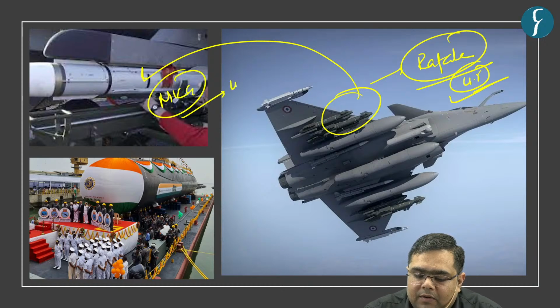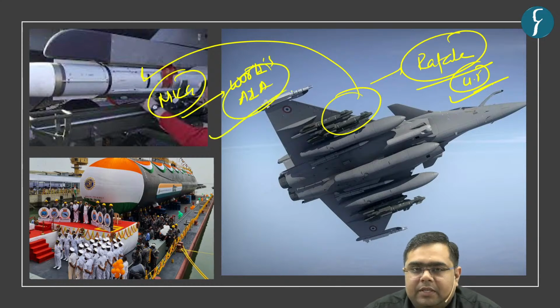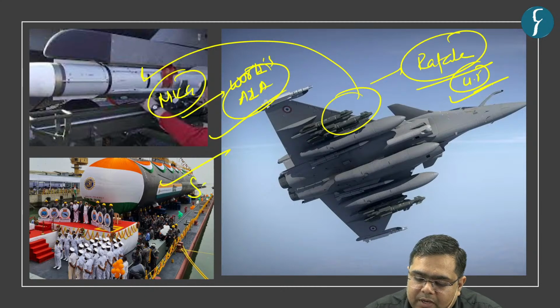It is one of the world's best air-to-air superiority missiles. That is perhaps the only comparable challenger to the AMRAAM missile that is used by the neighbor and the American military. Then again, there is the Scorpene submarine.